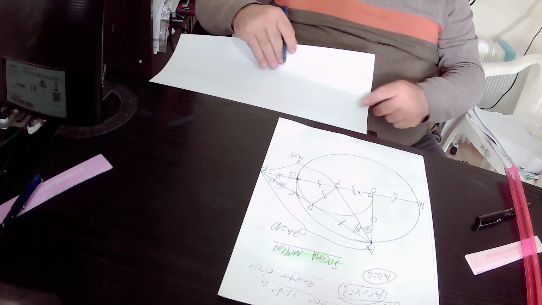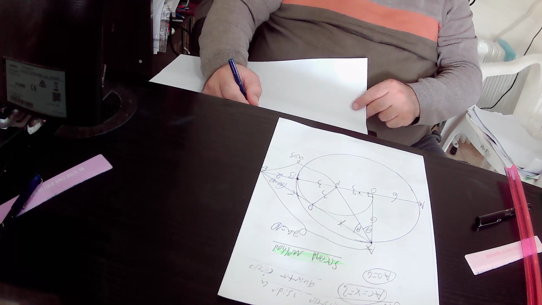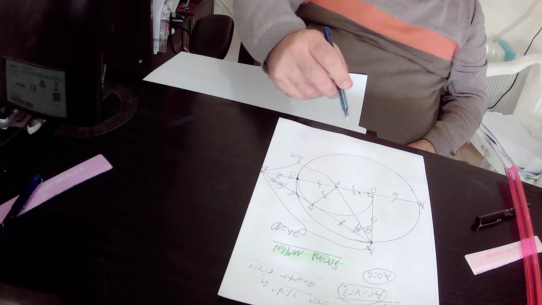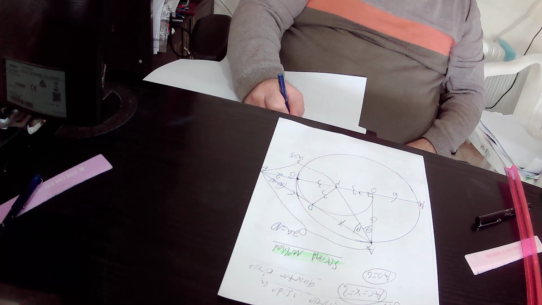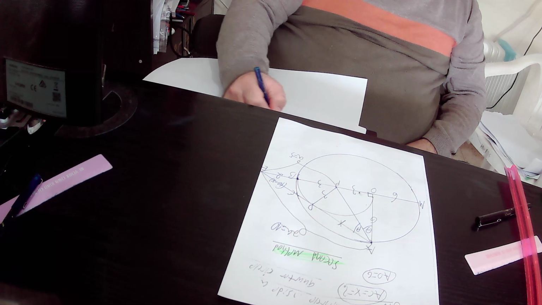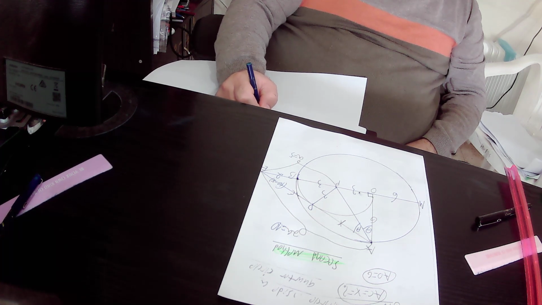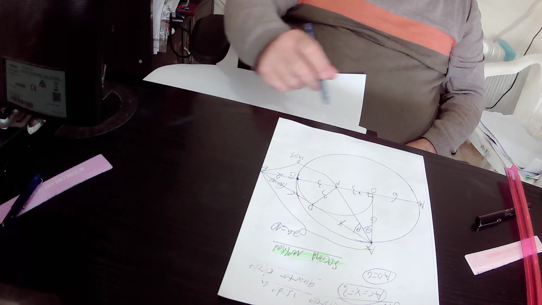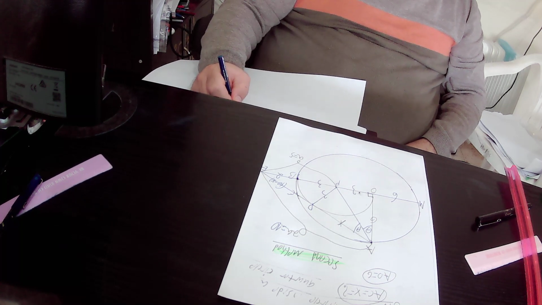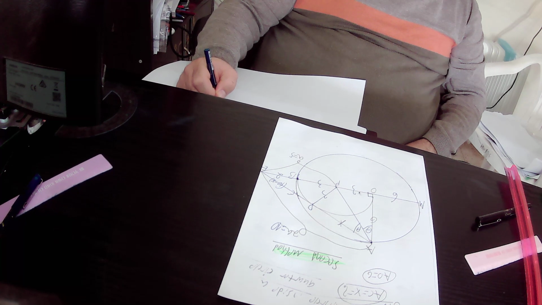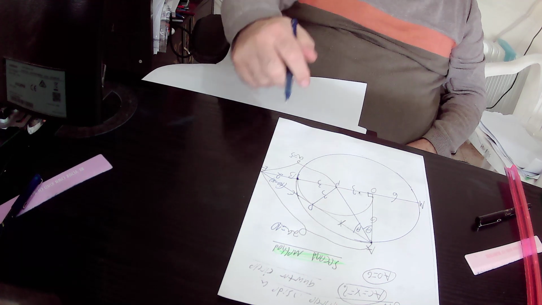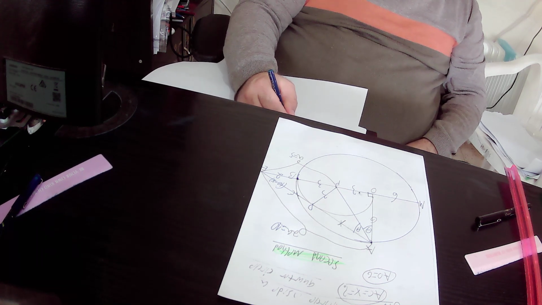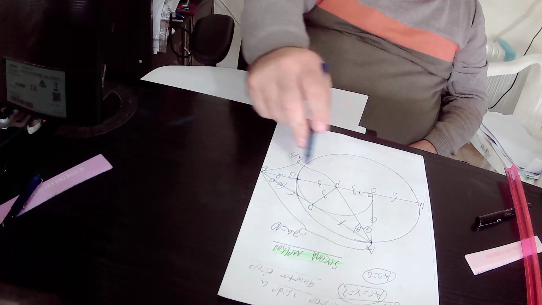So I write it down. I repeat again that chord AC intersects with chord MB at point E. Point E is the intersection point of chord AC with chord MB.